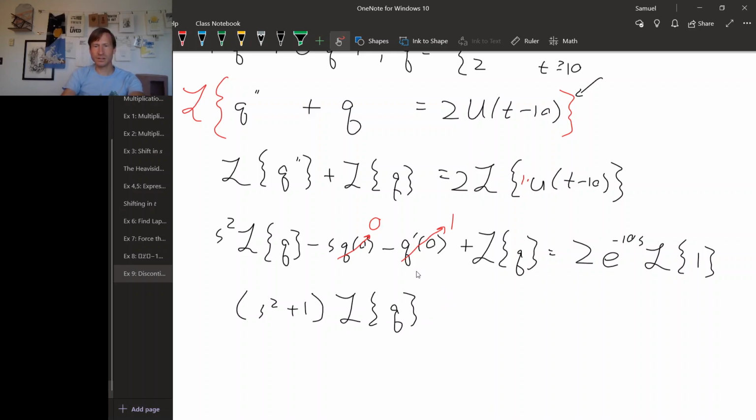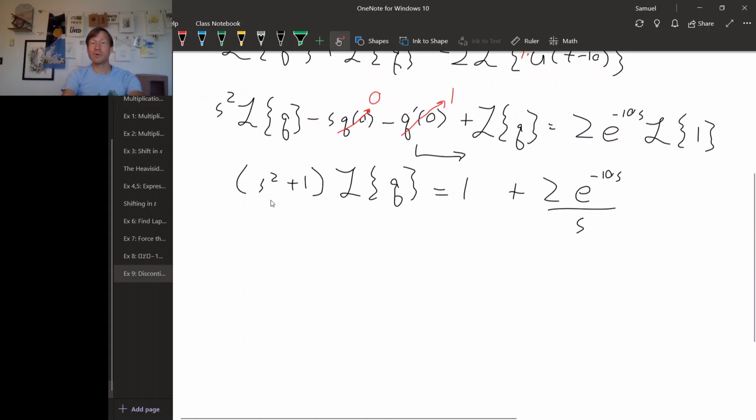Let's move this constant term to the right-hand side. So now on the right-hand side, we have a 1 plus 2 times e to the minus 10s times the Laplace transform of 1, which is 1 over s. So this term has an over s in it.